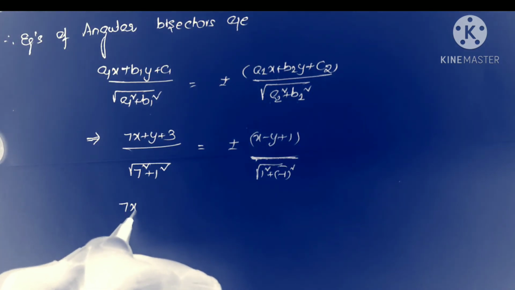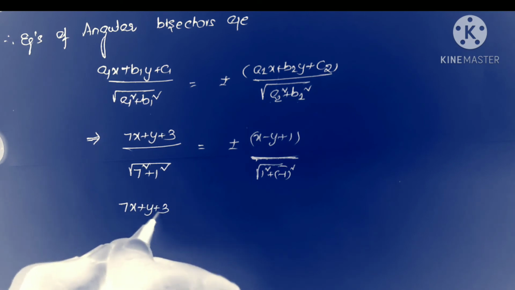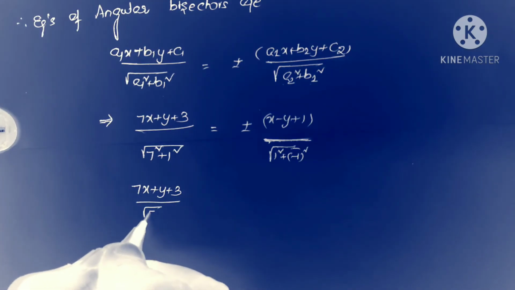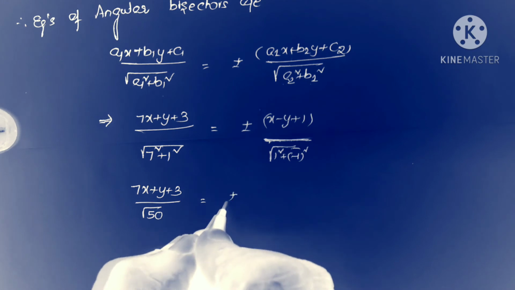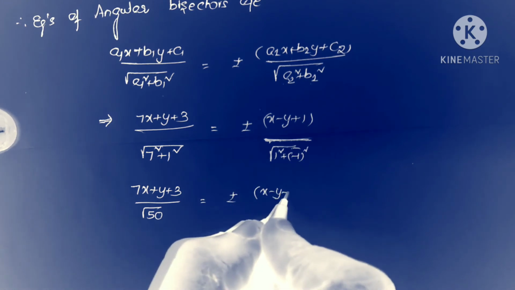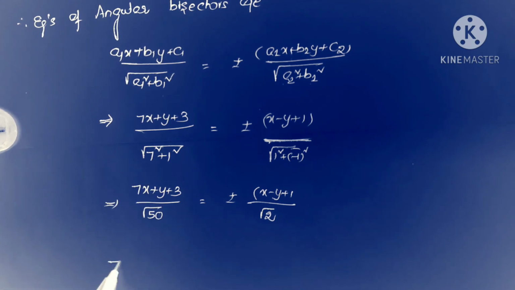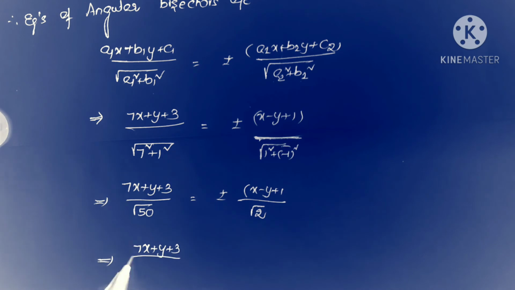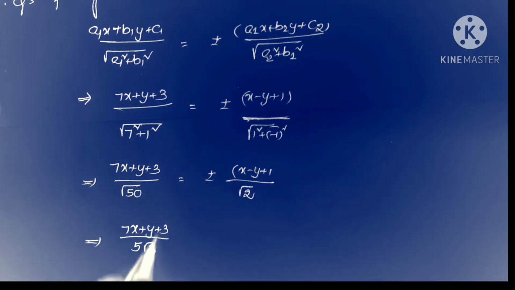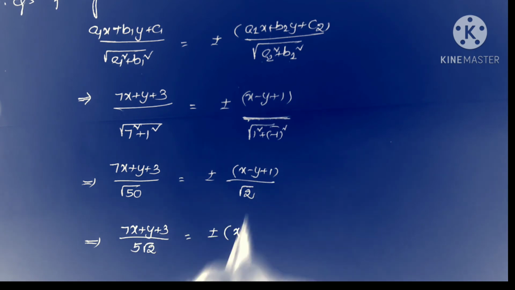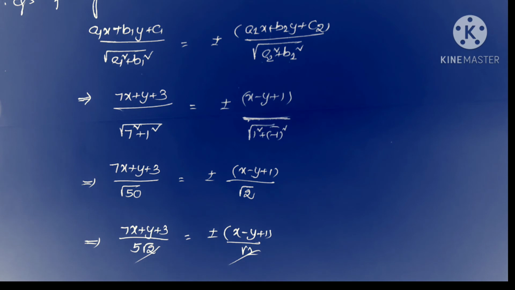So that is 7x + y + 3 by root 49 plus 1, root 50, equals plus or minus x - y + 1 by root 2. Which implies 7x + y + 3 by root 50, means this is 5 root 2, equals plus or minus x - y + 1 by root 2. Now here root 2 and root 2 get cancelled.